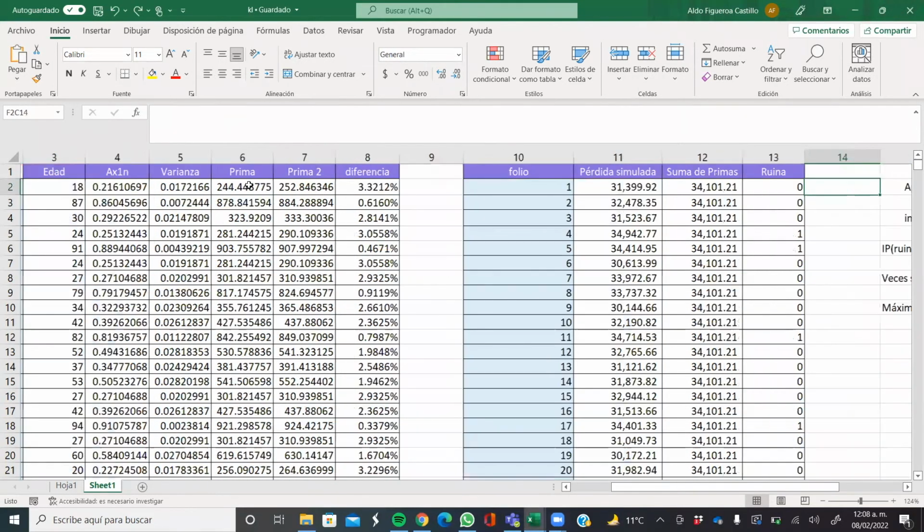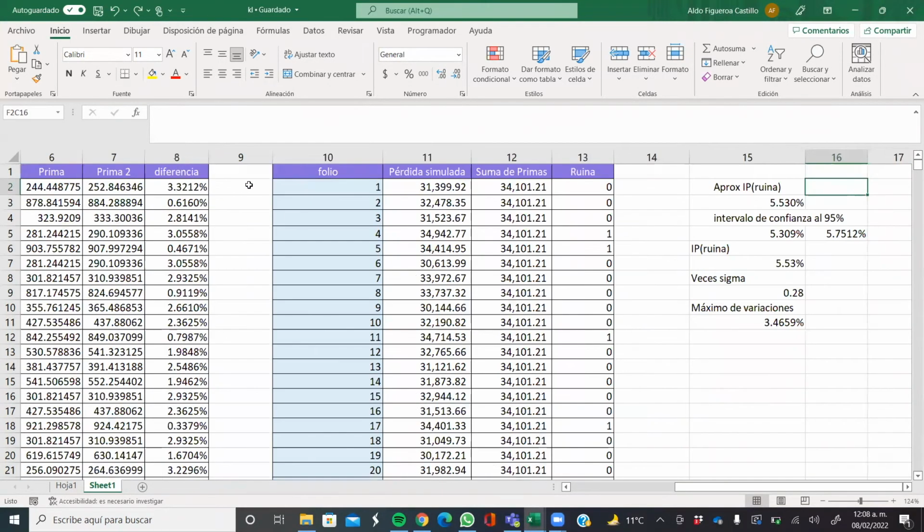And then we create the number of simulations, and we need the simulation loss and the sum of the premiums.